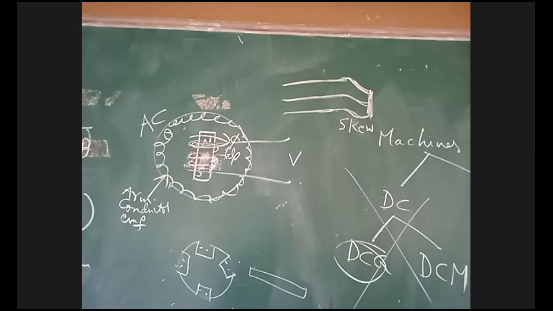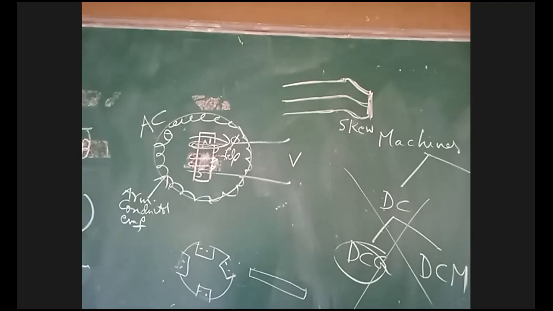What do you mean by magnetic hum? Magnetic hum means when the rotor is rotating, there is some disturbance or noise, magnetic disturbance. When this rotor is rotating, it is cutting the magnetic flux produced by the stator. When it is cutting the flux, if a slight skew is not given, there will be magnetic noise.